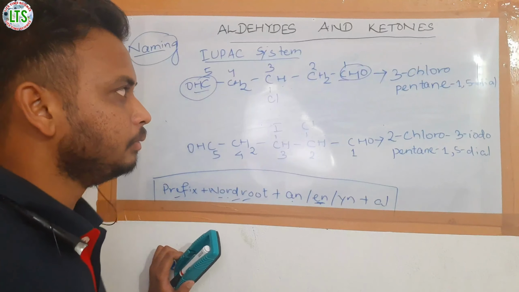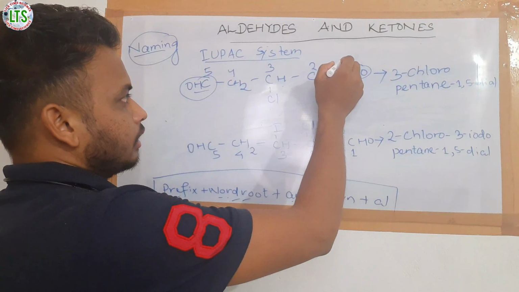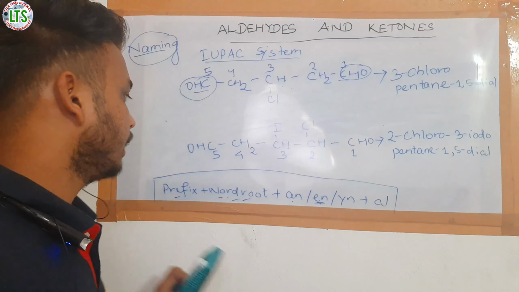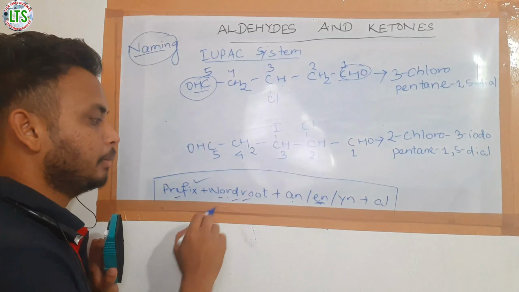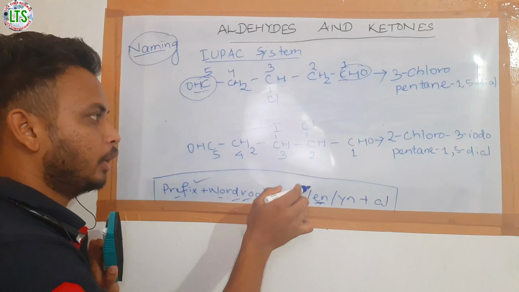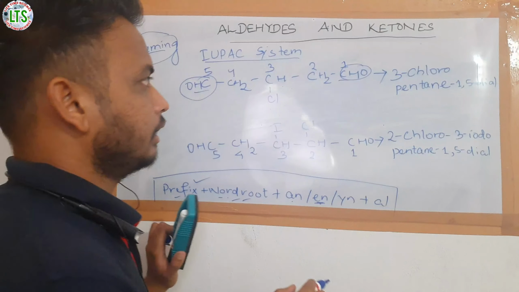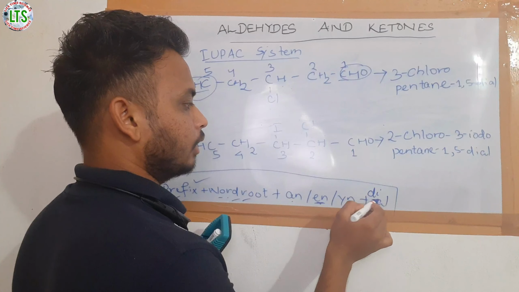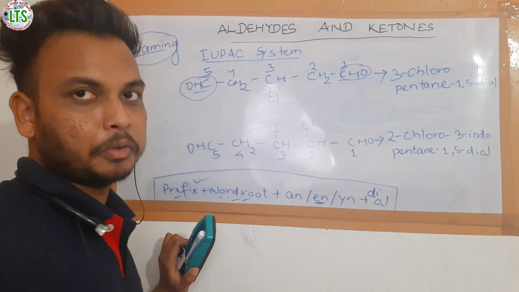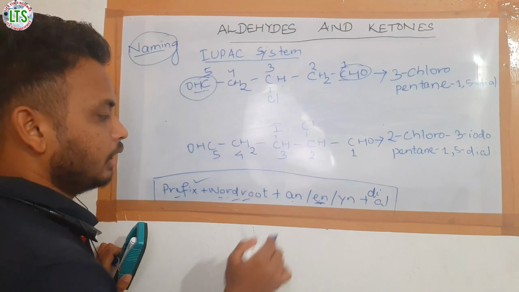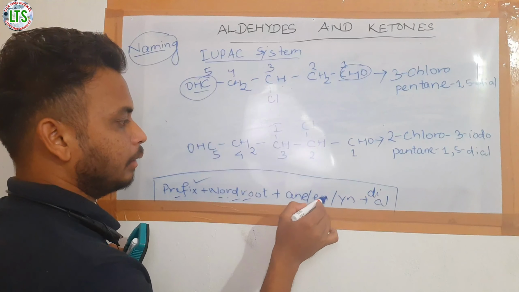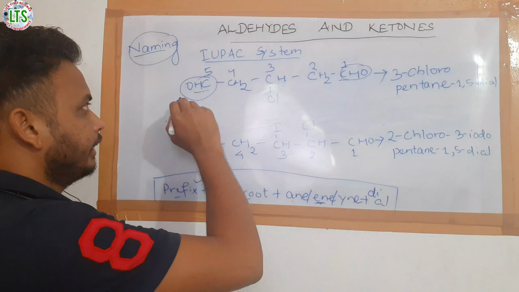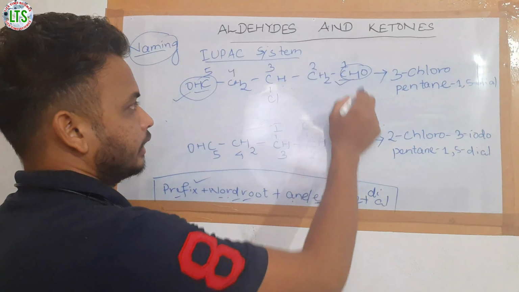First, we have to number the carbon atoms and name according to the procedure: prefix plus word root plus ane or ene or yne, and lastly you can write dial because two CHO groups are present in the compound.